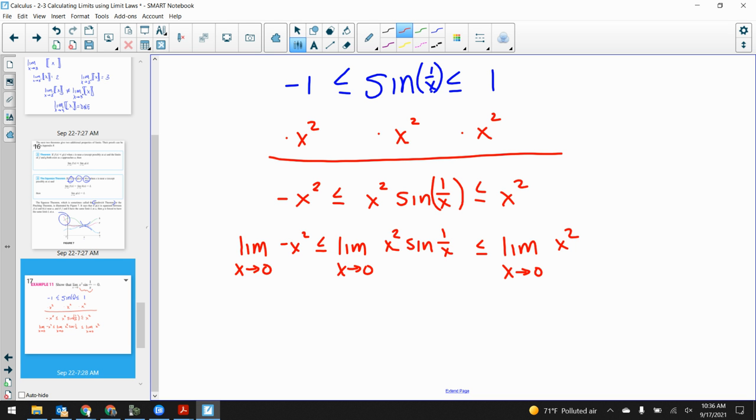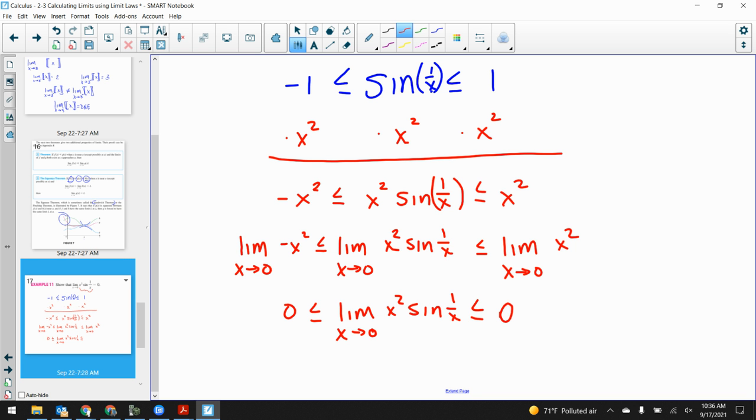So what is the limit as x approaches 0 of negative x squared? Well, can't I just do direct substitution here? Yeah. Can't I do direct substitution here?